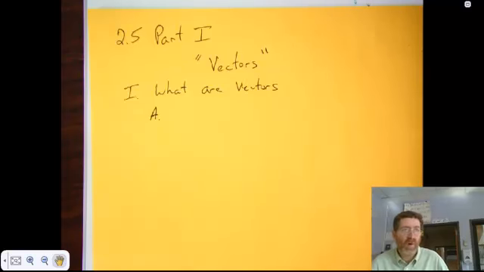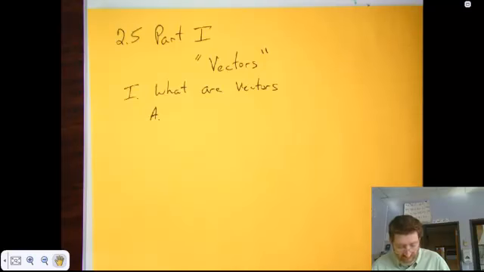So we've got certain quantities that, especially in terms of displacement or distance, if I walk a mile, it makes a difference what direction I walk in, and so we would use a vector to represent that.